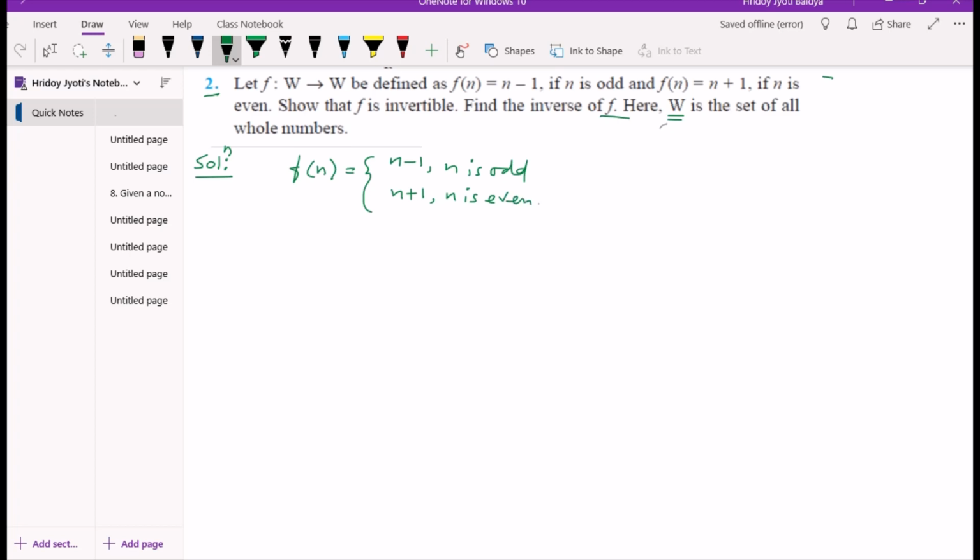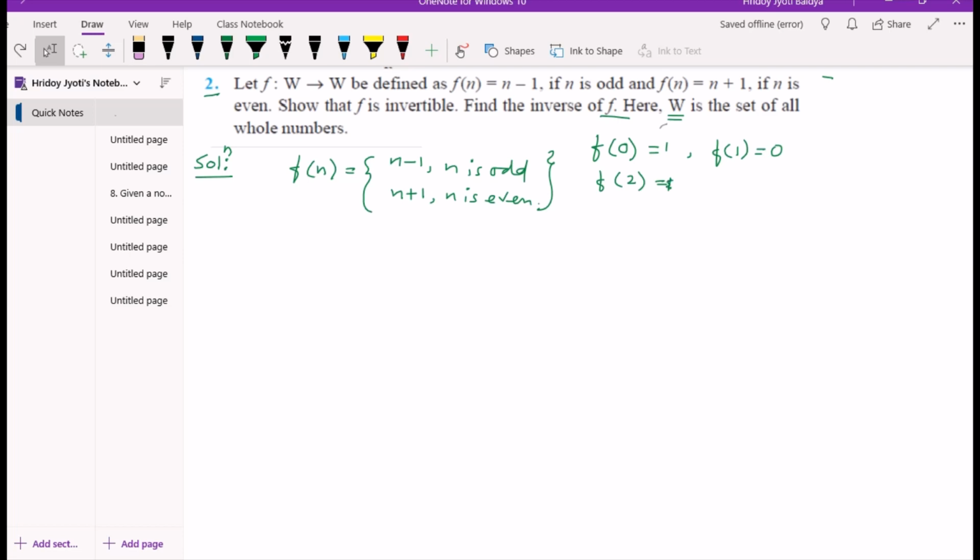Now let us understand what the question is telling us. Let us take a few examples. The domain of the function is whole numbers, so let us start with 0. 0 is even, so f(0) equals 1. F(1), when it is odd, we go for the n minus 1 definition, so it becomes 0. F(2) is even, so f(2) equals 3, not 1.